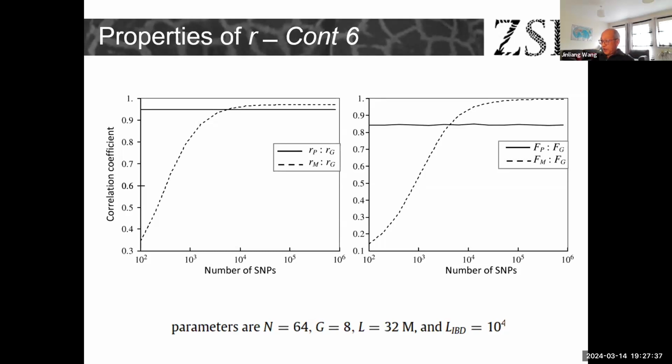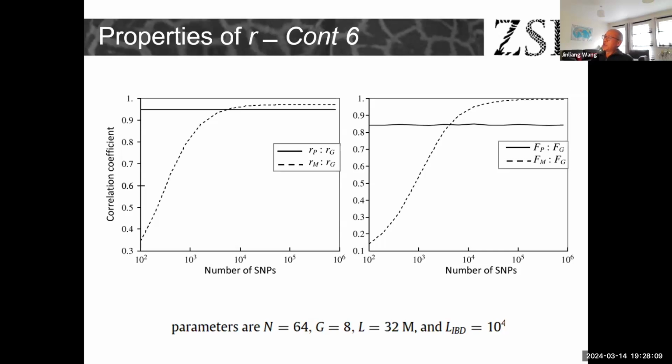As we can see, the turning point is roughly 10,000 loci. Below 10,000 loci, pedigrees are better, while above 10,000, markers are slightly better, but not much. And this is true even if we have, say, millions of markers. It's only slightly better than pedigree.